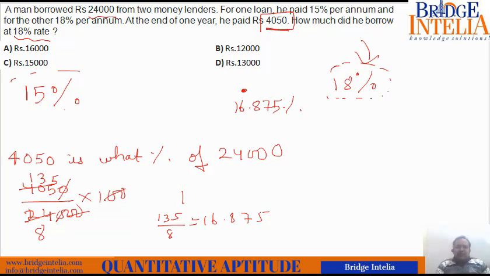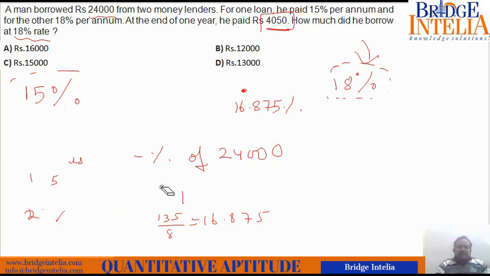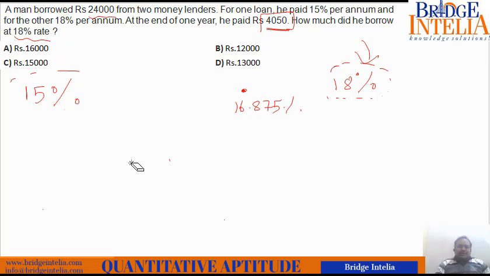So now see, how can you calculate the actual value? So you have calculated the effective rate of interest, which came out to be 16.875. Now you can also use the concept of allegation here. It means you can actually determine in what ratio how much of this and how much of this was deposited, by taking the difference.